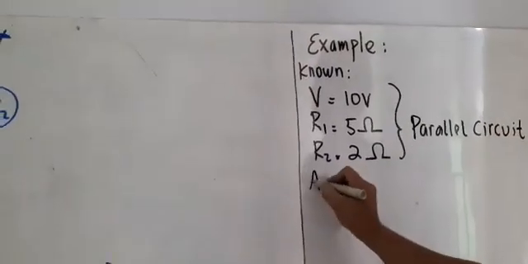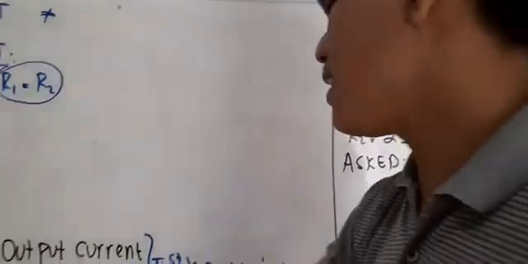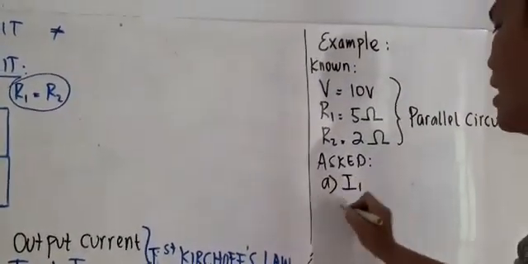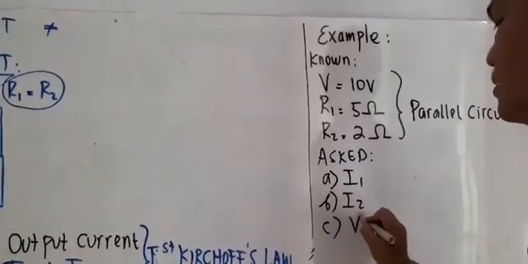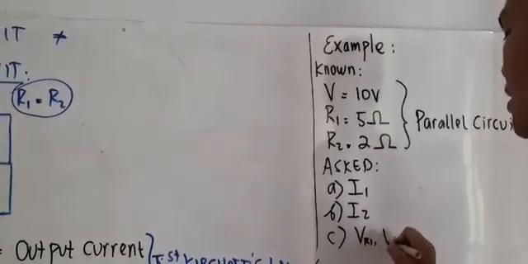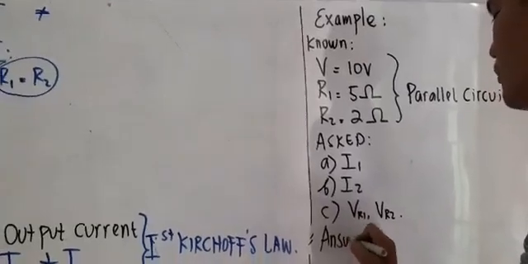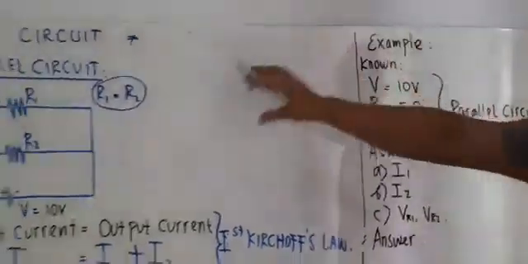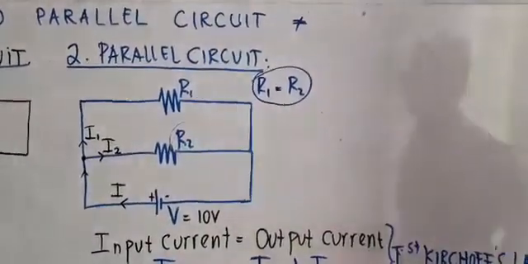So it is asked what is the current I1, what is the current I2, and what is VR1, what is VR2. If we answer this, the picture of the question is the same like this.